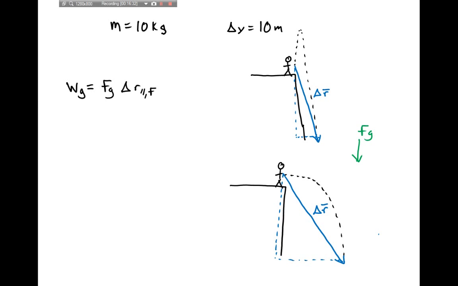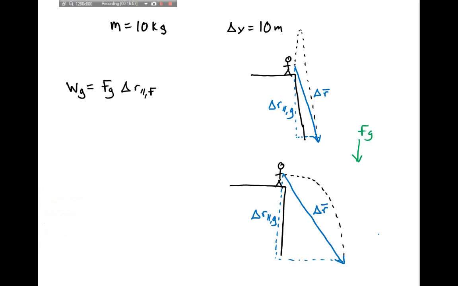So what we see is that the component of delta R that points parallel to g, that's this component right here, it's always the same. If the stone is thrown off a 10-meter cliff, the stone always travels downwards 10 meters before it hits the ground. And it's that component of the displacement that's parallel to the gravitational force.